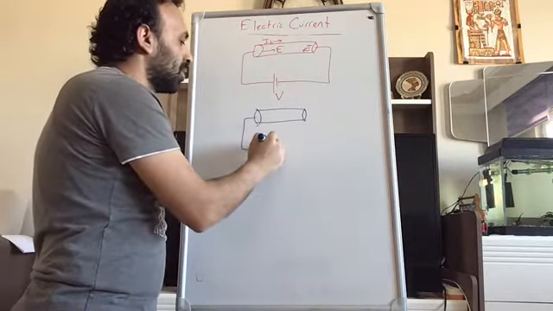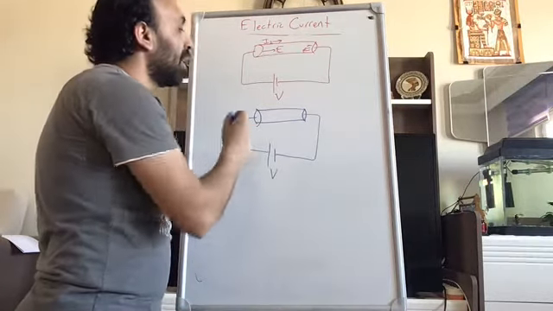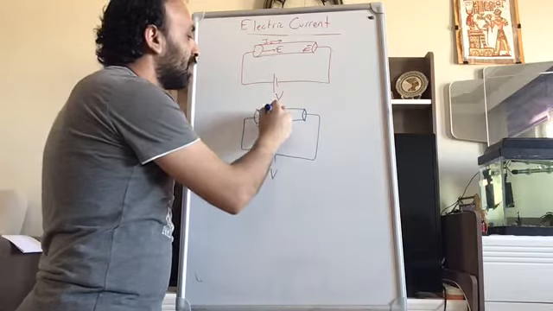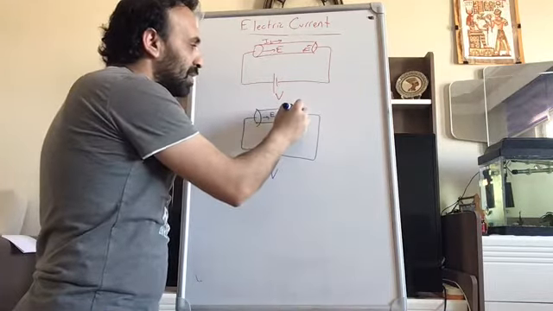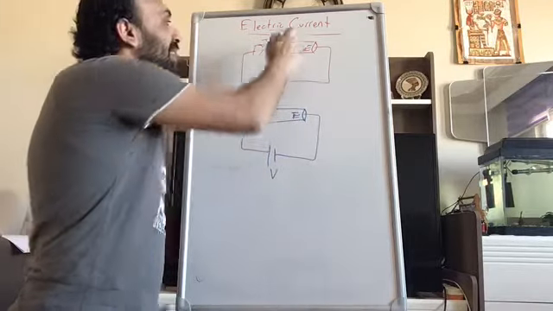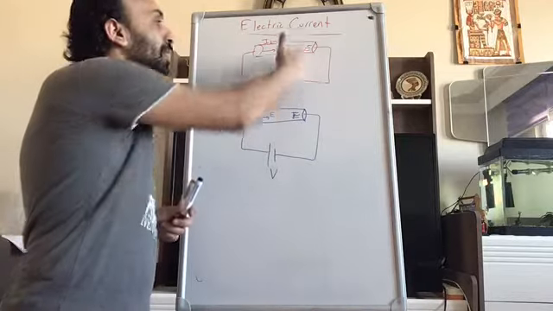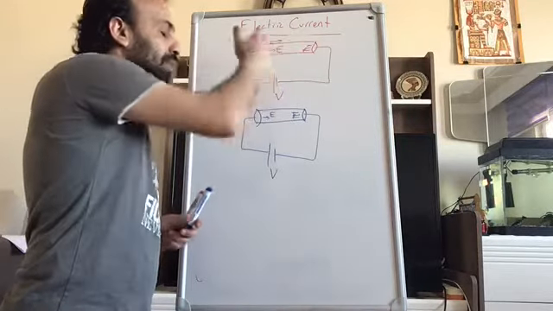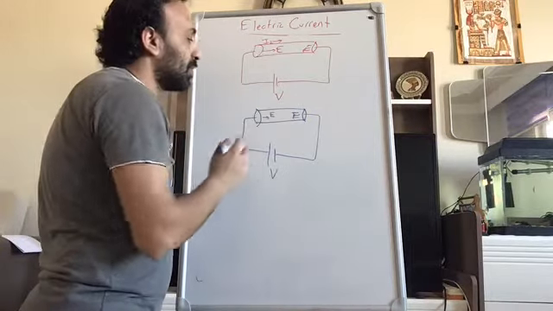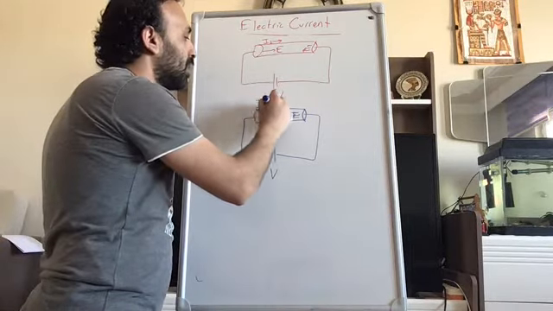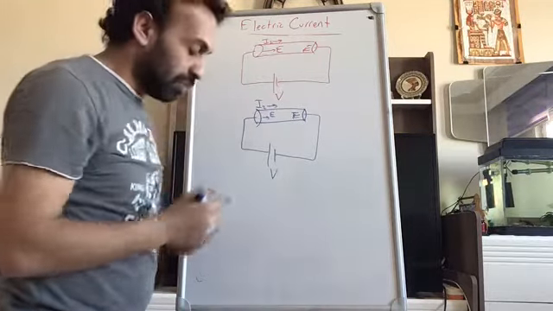So I'm going to connect it to the same power supply, V, and again there's going to be the same electric field because of the same potential, and the electrons start moving from here. But as I said, these two materials have different atomic structure, so the path of the electrons will be different in the two cases. So when I connect this material to the power supply, I'm going to observe another current, I2, in this direction. And these two currents in general are not equal to each other.